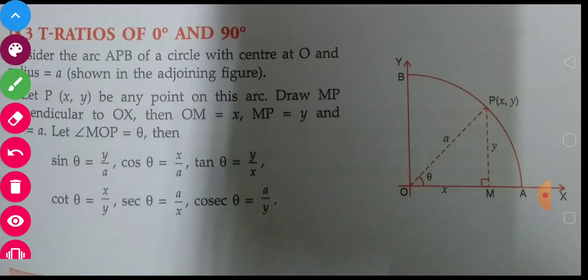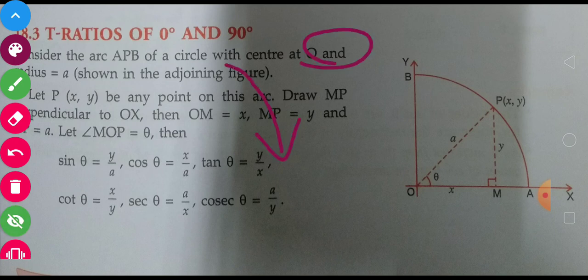If we see this figure again, we had P as x comma y. If that y coordinate is 0, that means this length is 0, so this will drop down on the x axis, correct? This length is y.